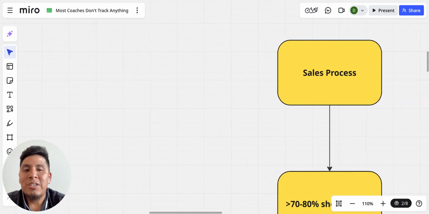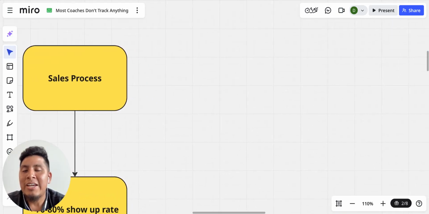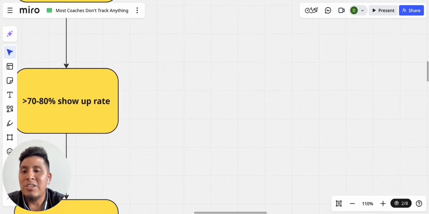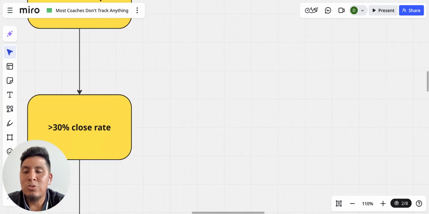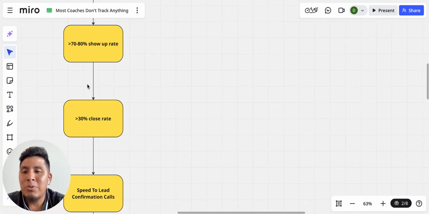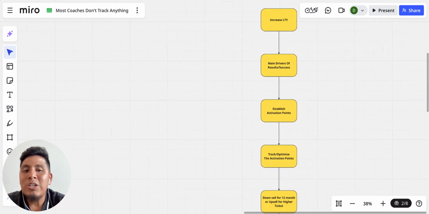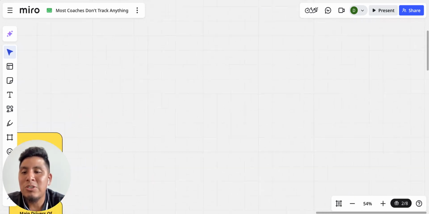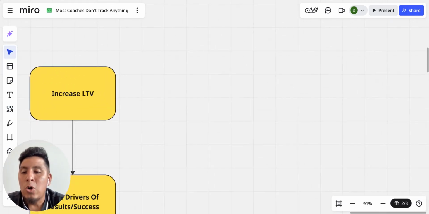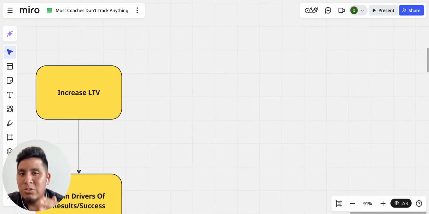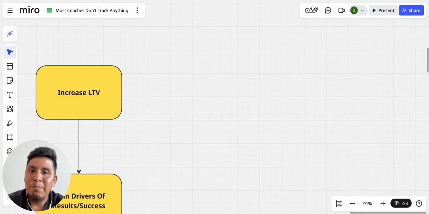What are the sales processes that you're establishing that influence these numbers, the show up rate and the close rate? Again, these two numbers actually affect the cost per book call. And then as a bonus tip, what are you doing to increase your lifetime value by tracking the results of each client through activation points, so that you can increase that ROAS even more?